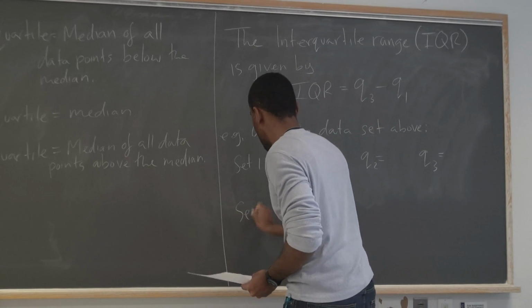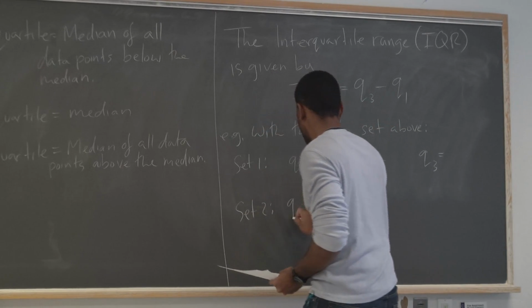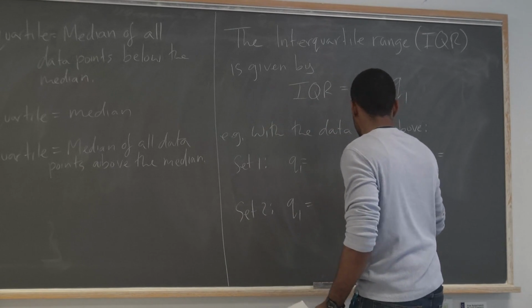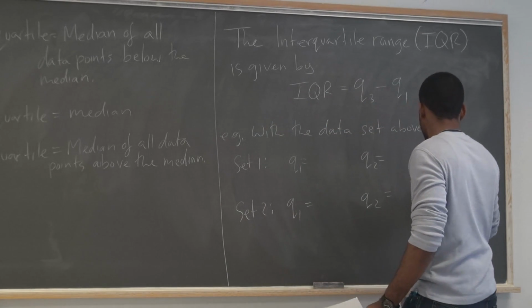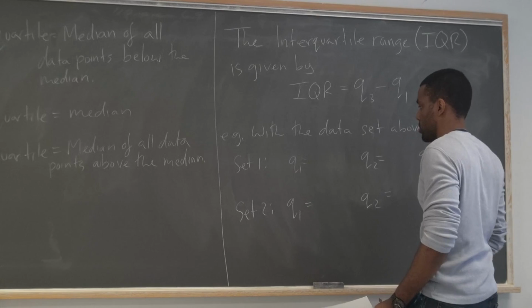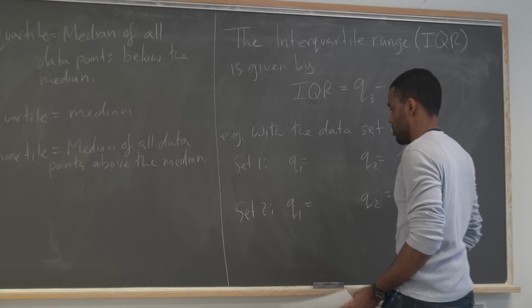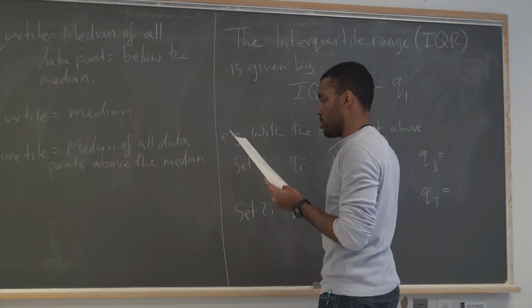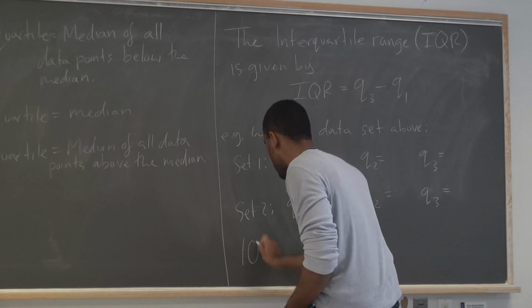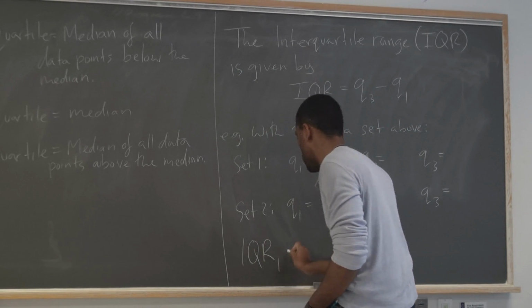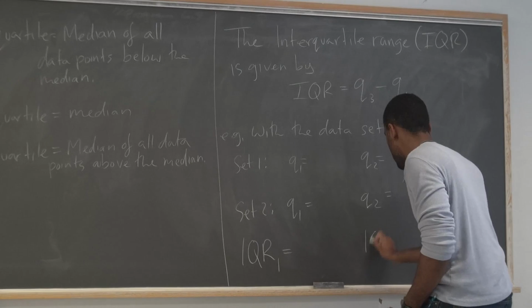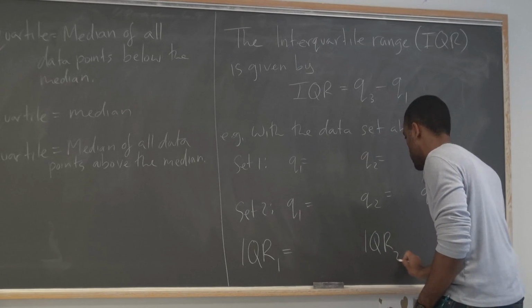For set 2, what is Q1? What is Q2? What is Q3? I also want you to tell me the interquartile range for set 1, and what is the interquartile range for set 2?